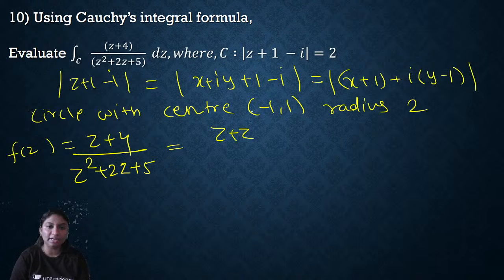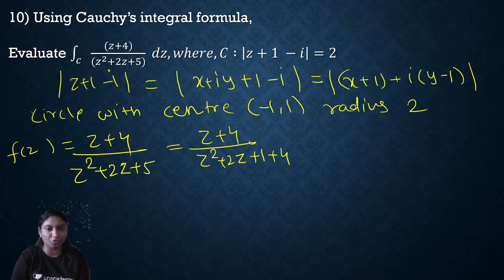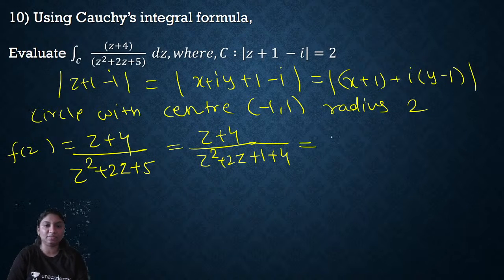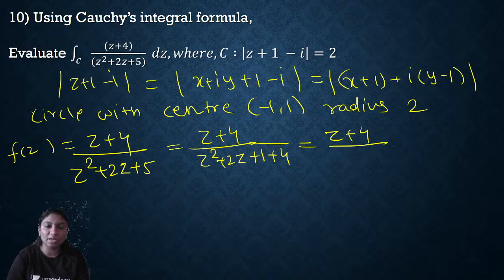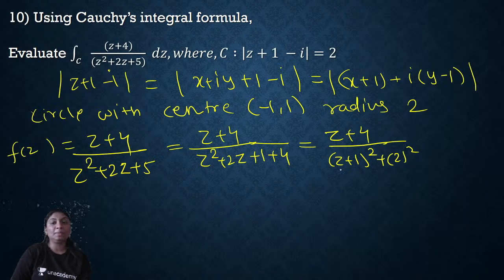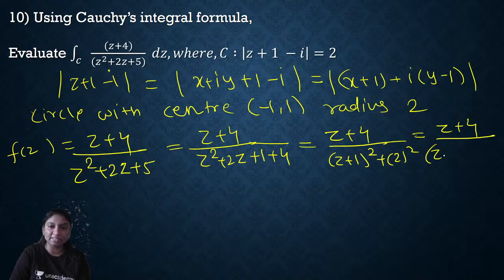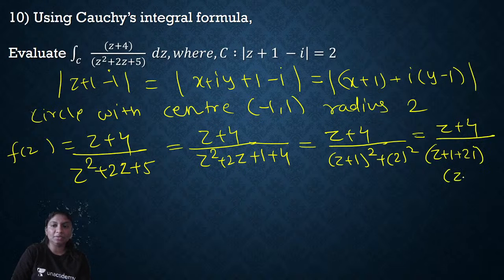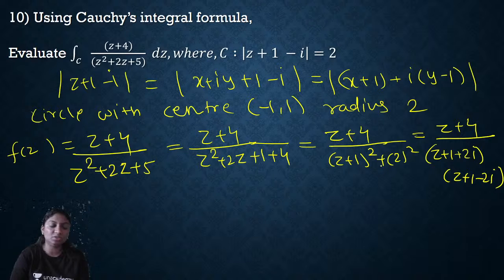So what we will do, z plus 4 upon z square plus 2z plus 1 plus 4. Right, instead of 5 we can write it this way. So z plus 4 upon z plus 1 bracket square plus 2 square. So this is a square plus b square, but in the complex form, can I write this as z plus 1 plus 2i into z plus 1 minus 2i? If you multiply this, you will get this.